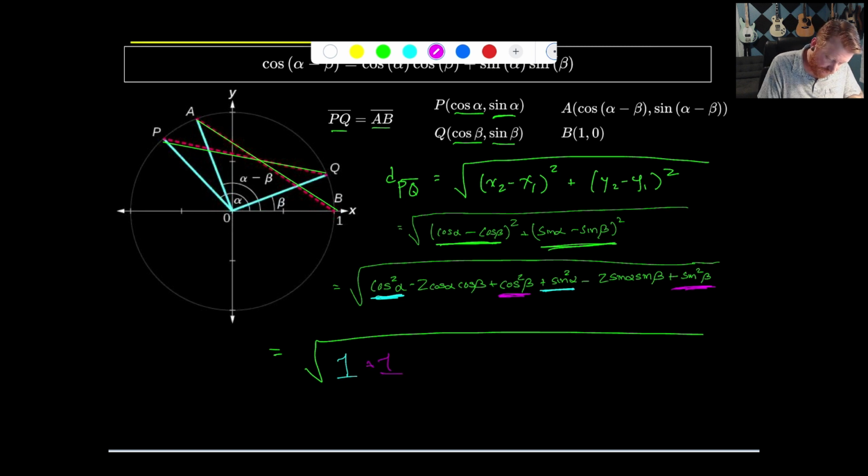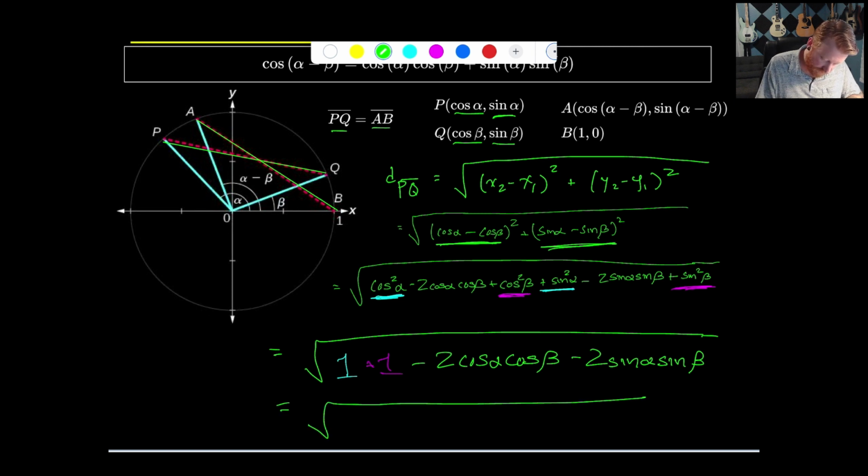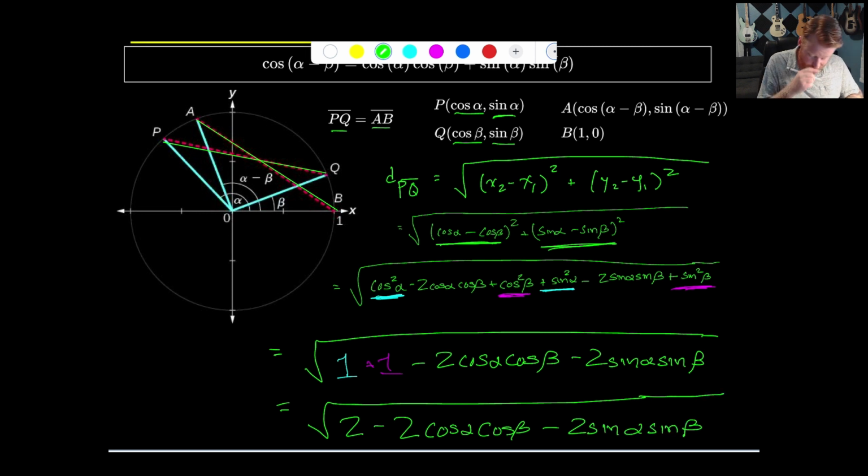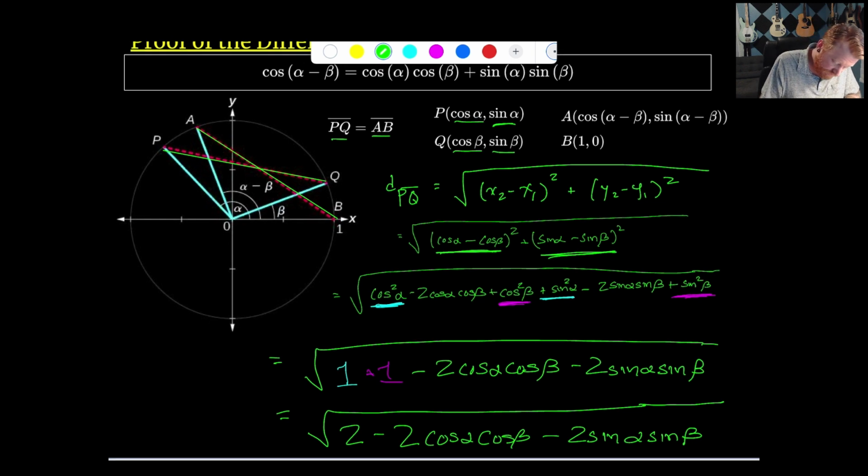So I've got 1 plus 1 there, and then the rest of this says minus 2 cosine alpha cosine beta minus 2 sine alpha sine beta. So maybe just one more step here to simplify. Now this is a lot of writing, but we're going to get 2 minus 2 cosine alpha cosine beta minus 2 sine alpha sine beta. Okay, so that is the distance of this line segment PQ. So kind of ugly looking, but it is what it is.